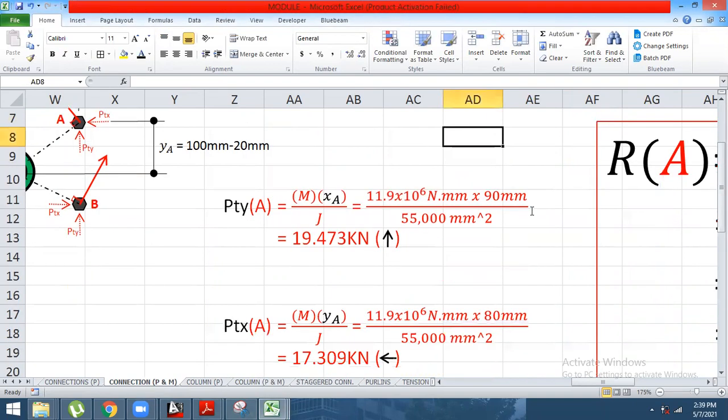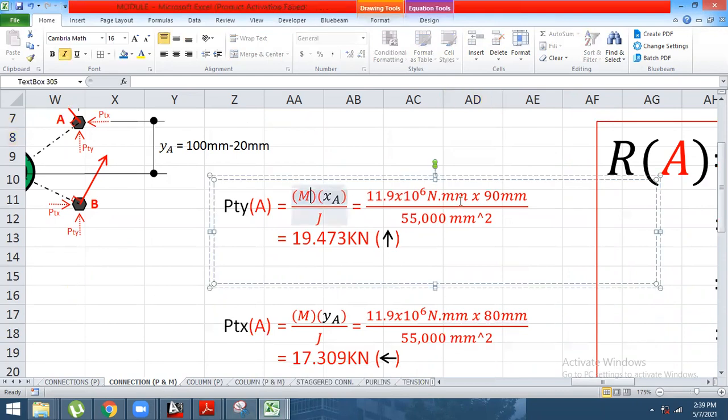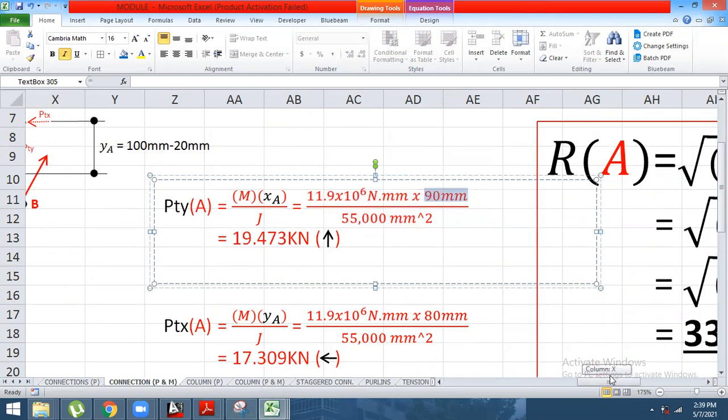Okay, so that is M. Then the XA is the horizontal distance from the center of gravity of the bolts to the bolt we are analyzing, which is the letter A. So that is a distance of 90.